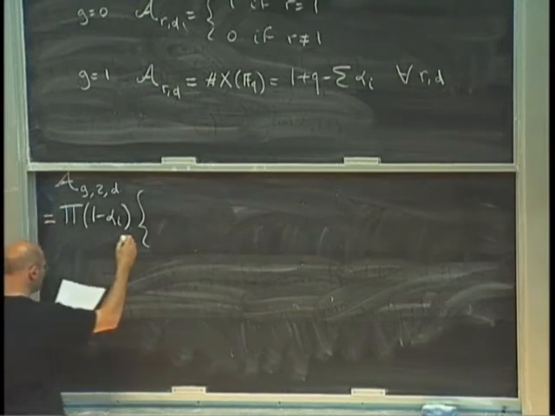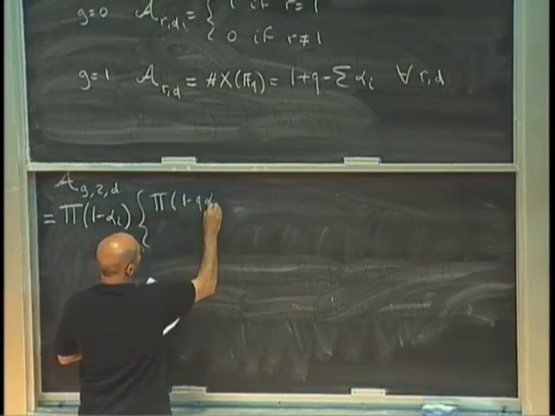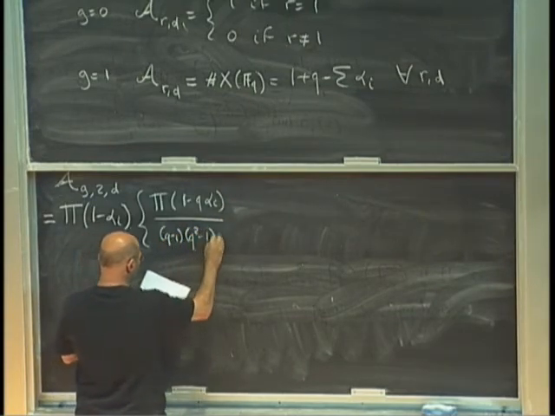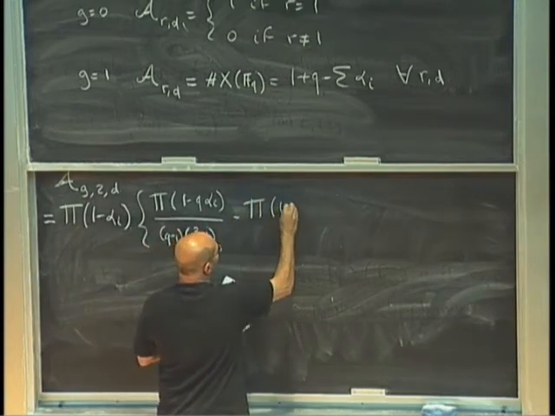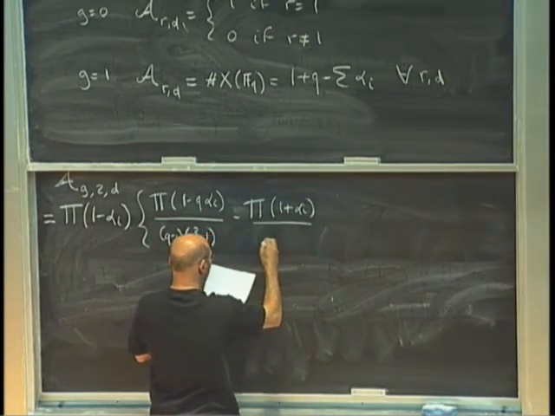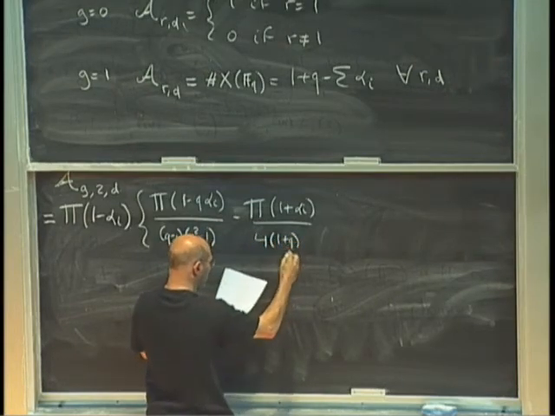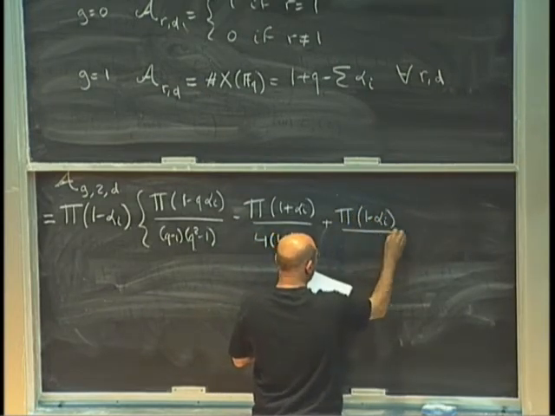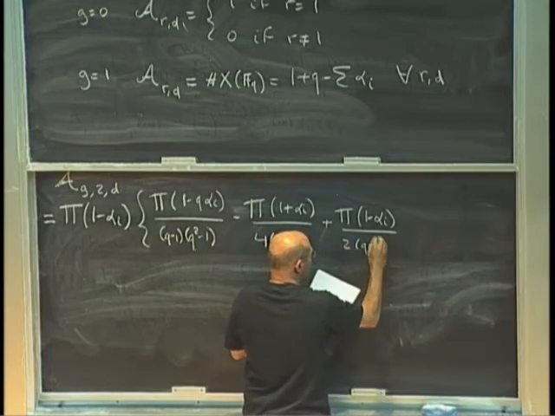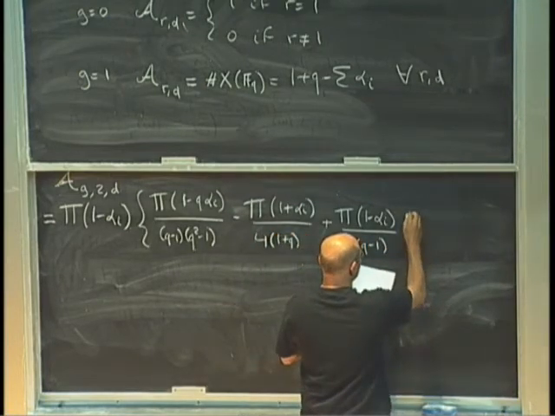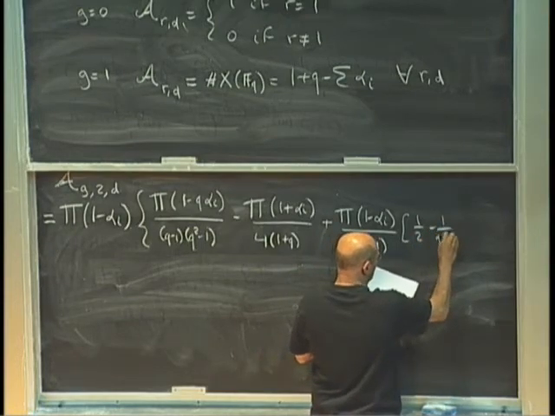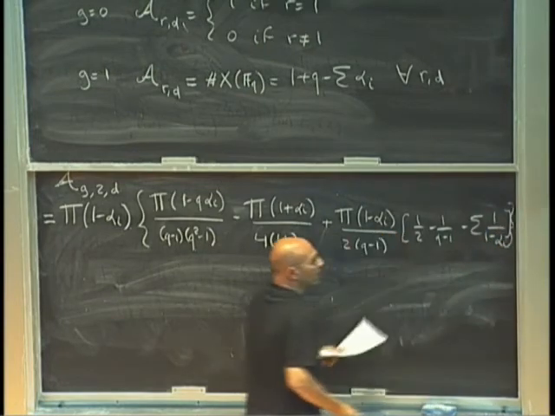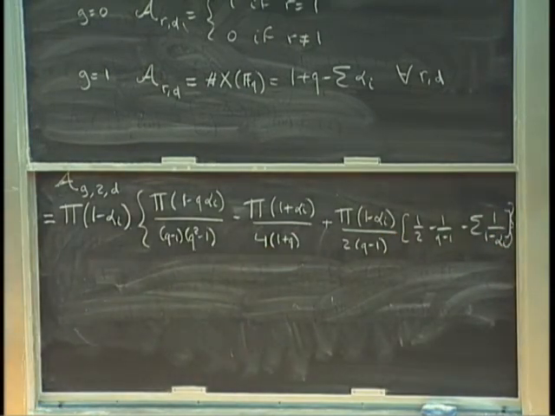is equal to, so product 1 minus Q alpha I divided by Q minus 1, Q square minus 1 minus product 1 plus alpha I divided by 4, 1 plus Q plus product 1 minus alpha I 2 Q minus 1 times 1/2 minus 1 over Q minus 1 minus sum 1 over 1 minus alpha I. And it doesn't look obvious at all, but this still belongs to this ring.